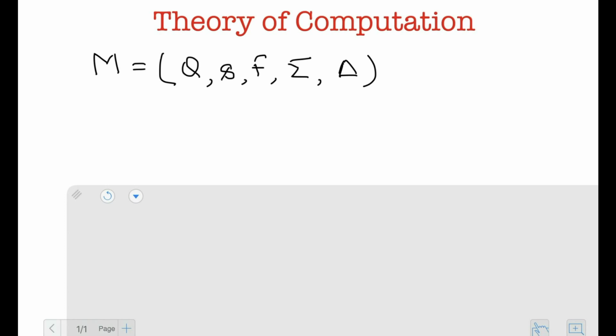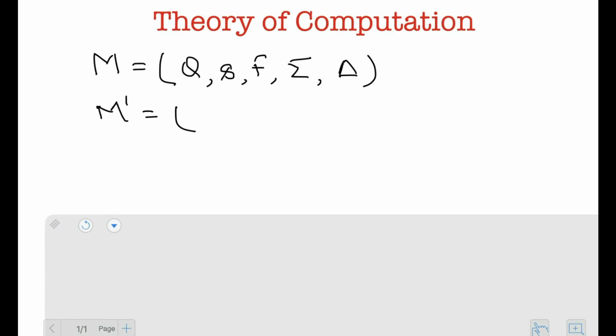So now what I have is a set of definitions for my equivalent DFA. A DFA equivalent to M is M prime, given by Q prime, S prime, F prime.